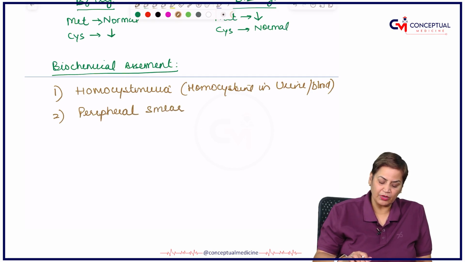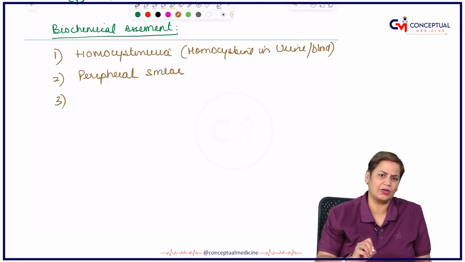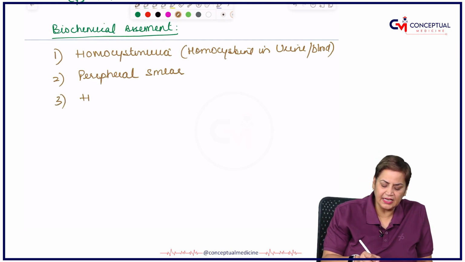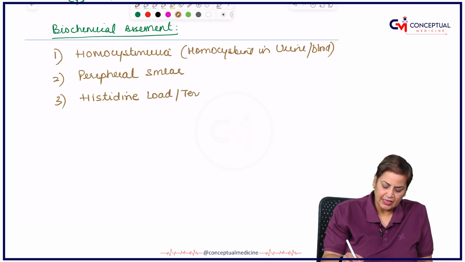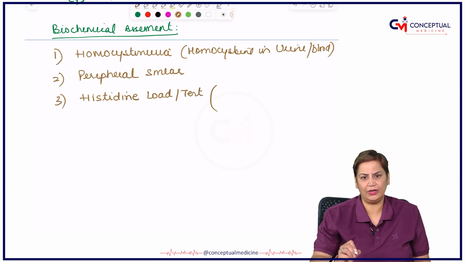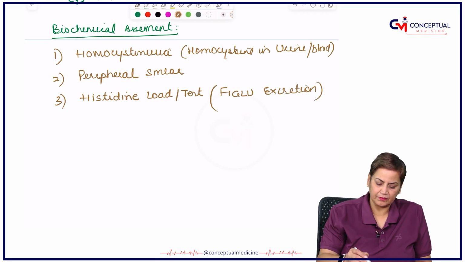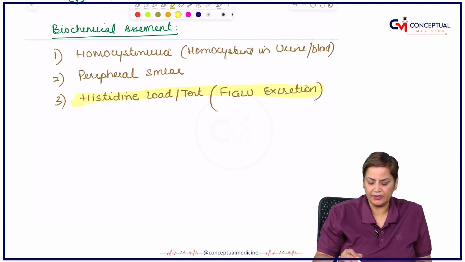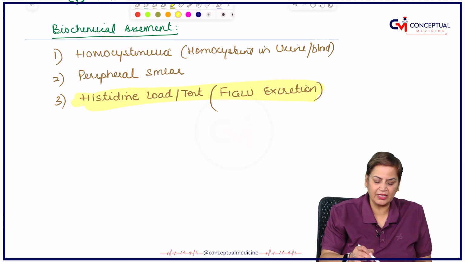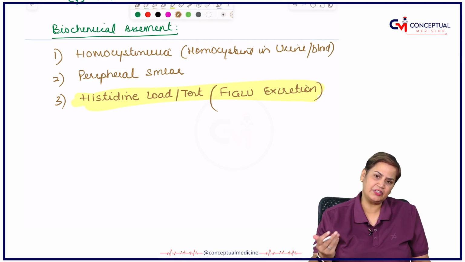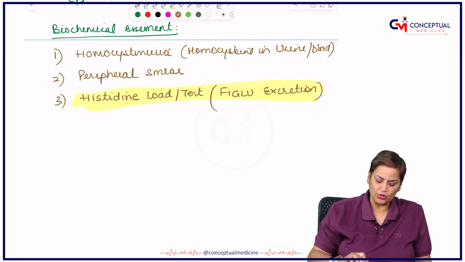Third important one, which is the most important one, I would say, is the histidine load test, which is commonly known as Figlu excretion. Very important. This is the most important test to check the deficiency of B9 in a patient.